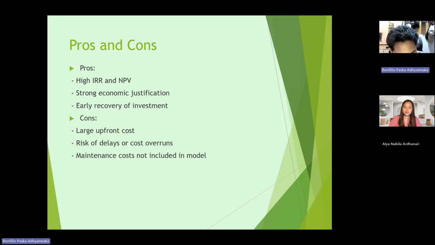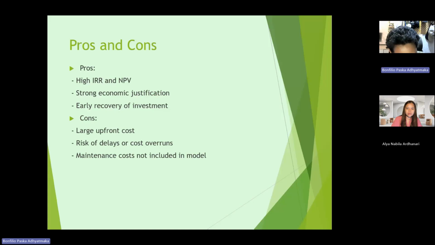However, the challenges this project has are as follows. The project requires a large upfront cost of 5 billion rupiah, which may be difficult for smaller local governments or communities to finance without external support.